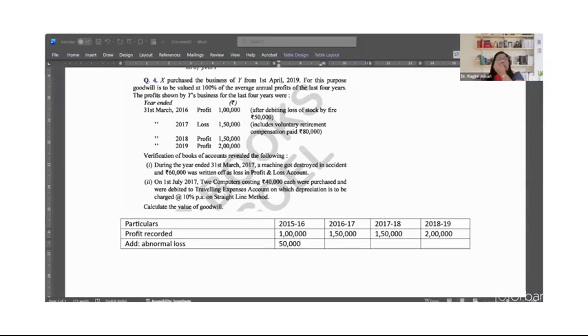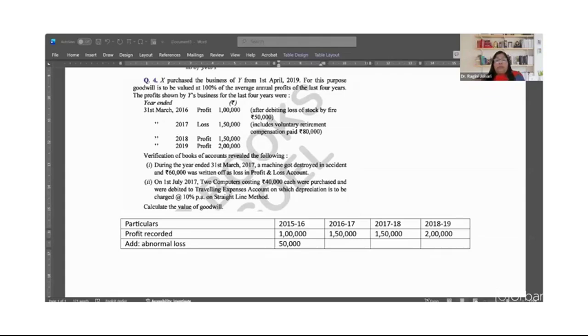Okay. Then coming to the next, that is the year ending 2017. It says includes voluntary retirement compensation paid 80,000. This is the compensation paid. Compensation paid is always added to the profit.